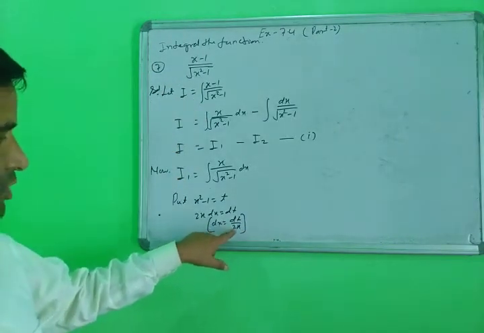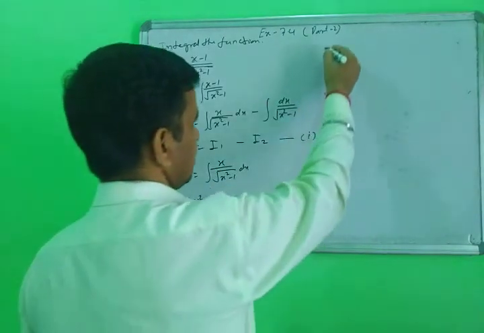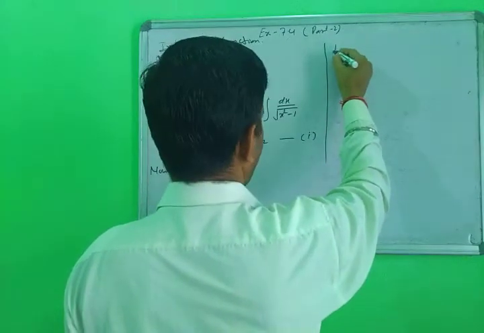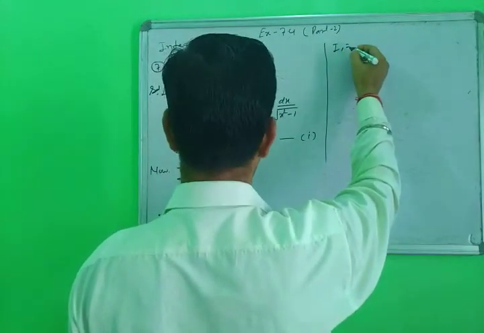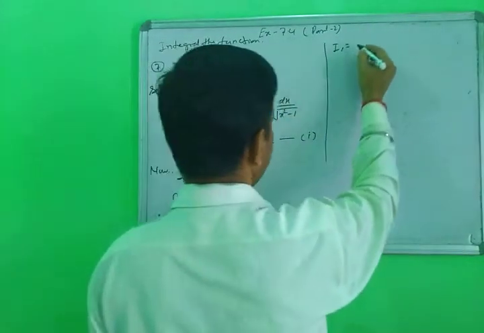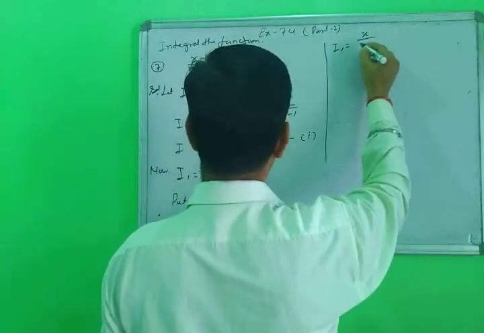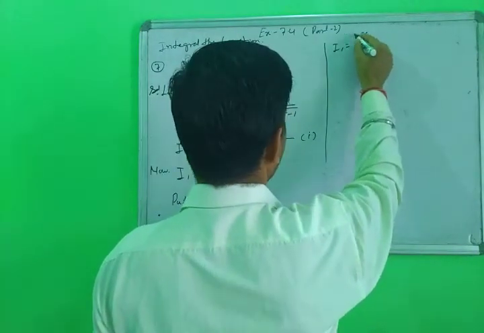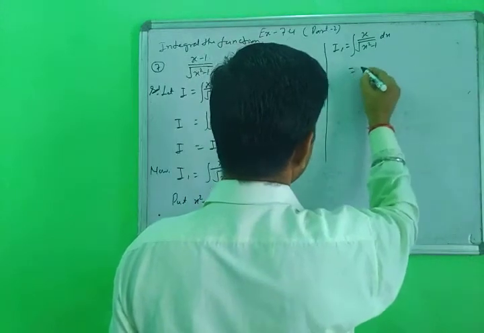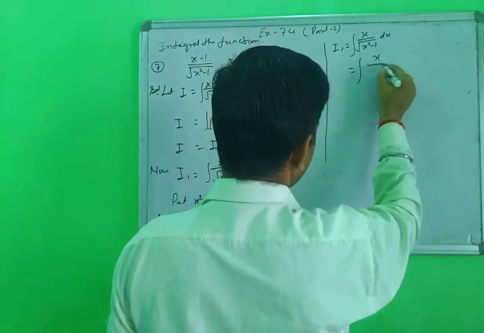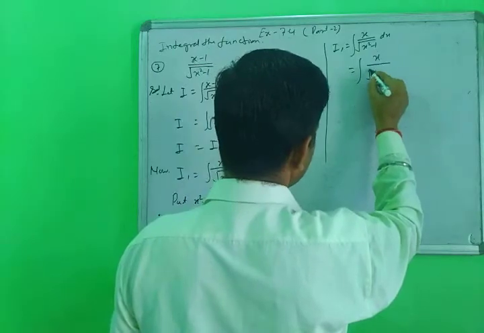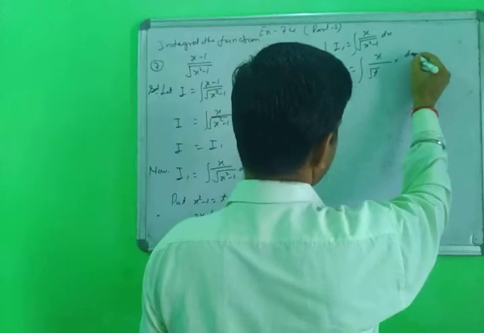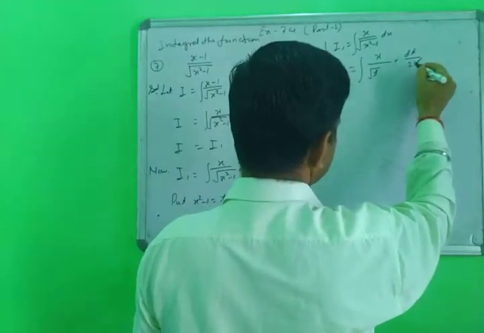Putting the value of dx, what result comes? I1 equals the integral of x upon root of (x square minus 1) dx. Using the square root as power, and dx equals dt over 2x, this x will be cancelled.